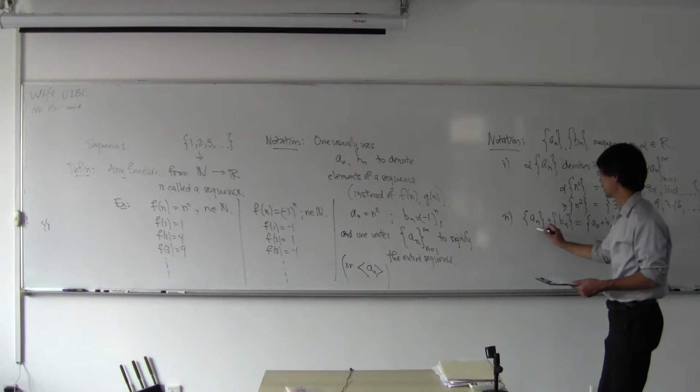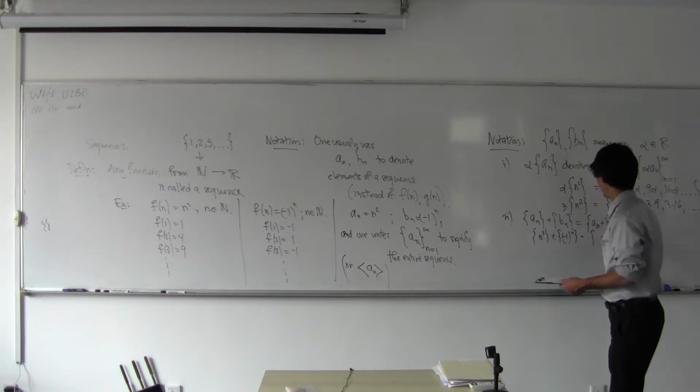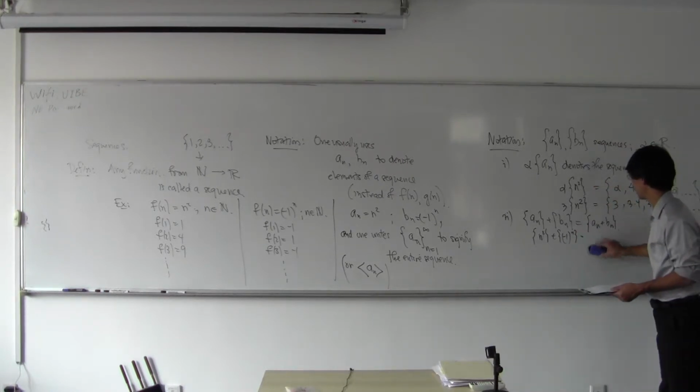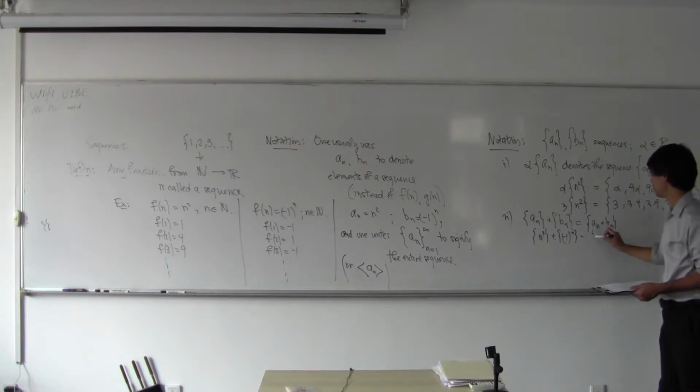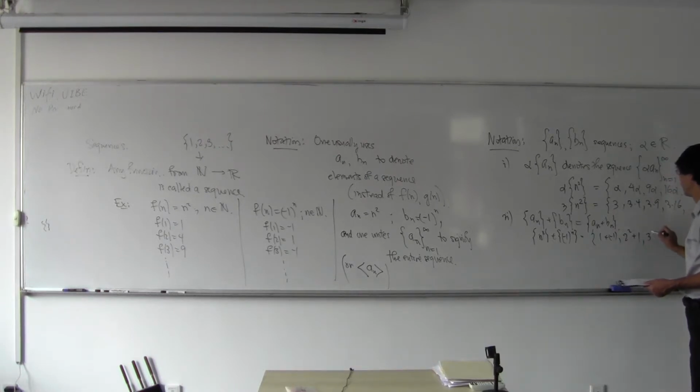So again, if I write n squared plus -1 to the n, then that's just going to be the sequence: when n equals 1, you get 1 plus -1, when n equals 2, you get 2 squared plus 1, when n equals 3, you get 3 squared minus 1, when n equals 4, you get 4 squared plus 1, etc. So you just do things element by element.